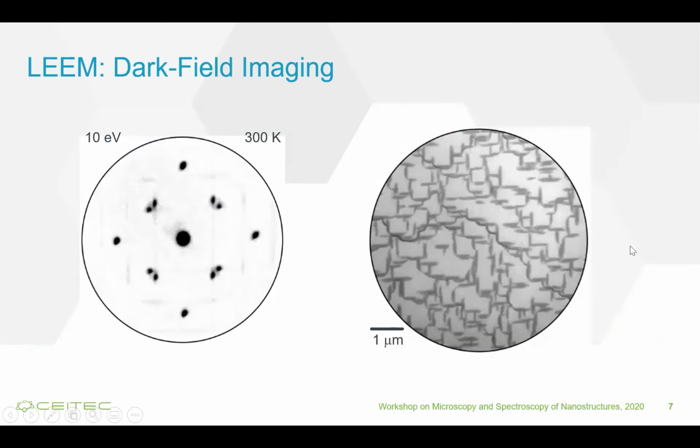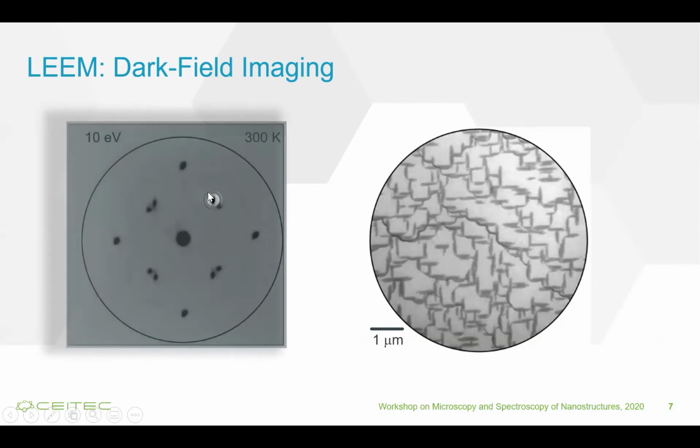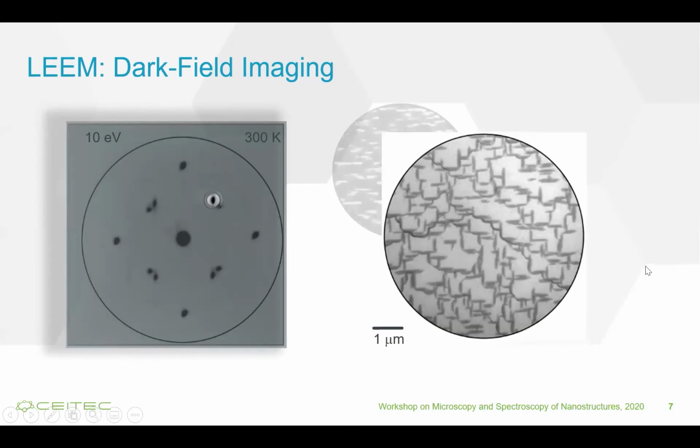Then with another set of diffraction apertures, we can put them on the diffraction pattern and image the sample using only one of those diffraction beams. So this is the overview.